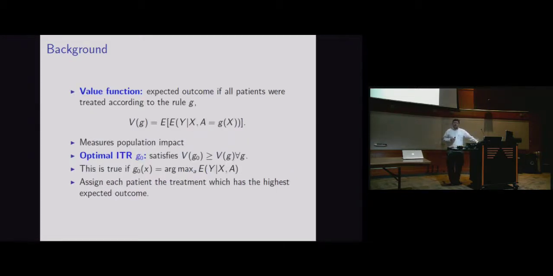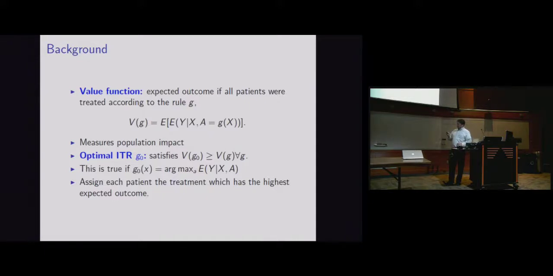One of the common summary measures of a treatment rule is called a value function. That's basically the expected outcome if all of the patients were treated according to that rule, that rule g, that mapping. This value function can be written as a double expected value.